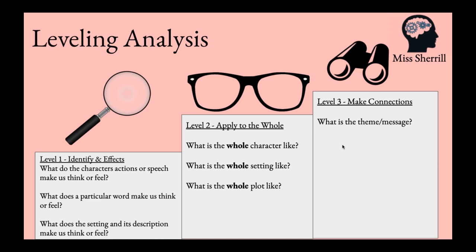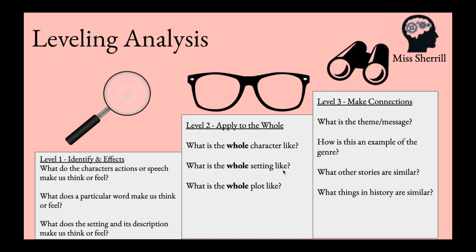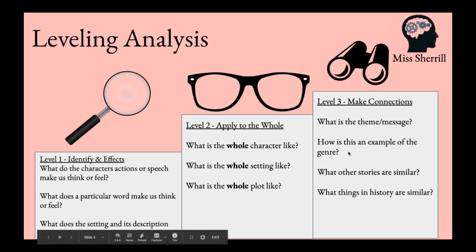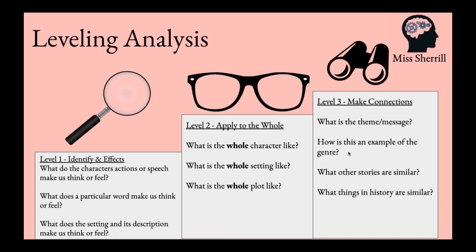For instance, what is the theme or the message based on level 1, level 2 analysis? How is this an example of the genre based on level 1, level 2 analysis? What other stories are similar based on level 1, level 2 analysis? And what things in history are similar? So each part builds to make a whole from level 1, level 2 to level 3.